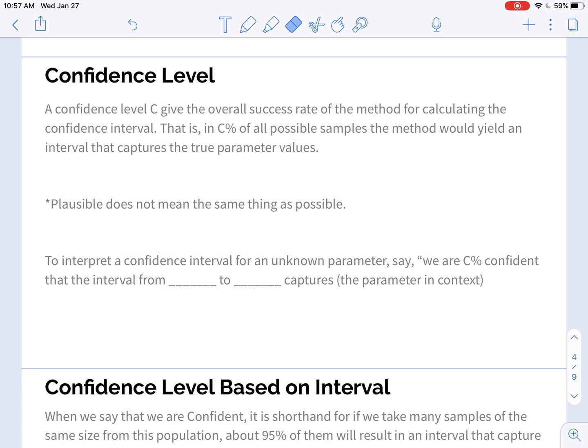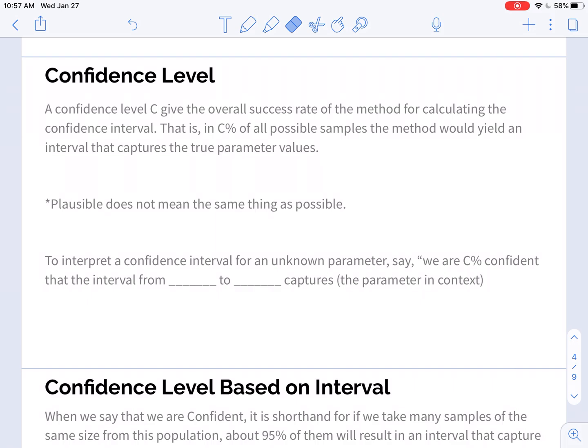So to interpret that, what I would say is we are 95% confident that the interval from 55,000 to 65,000 captures the mean income of the United States. I can read it along again: we are C% confident, 95% confident, that the interval from 55,000 to 65,000, the endpoints of your margin of error plus or minus your point estimate, captures the mean income of the United States.